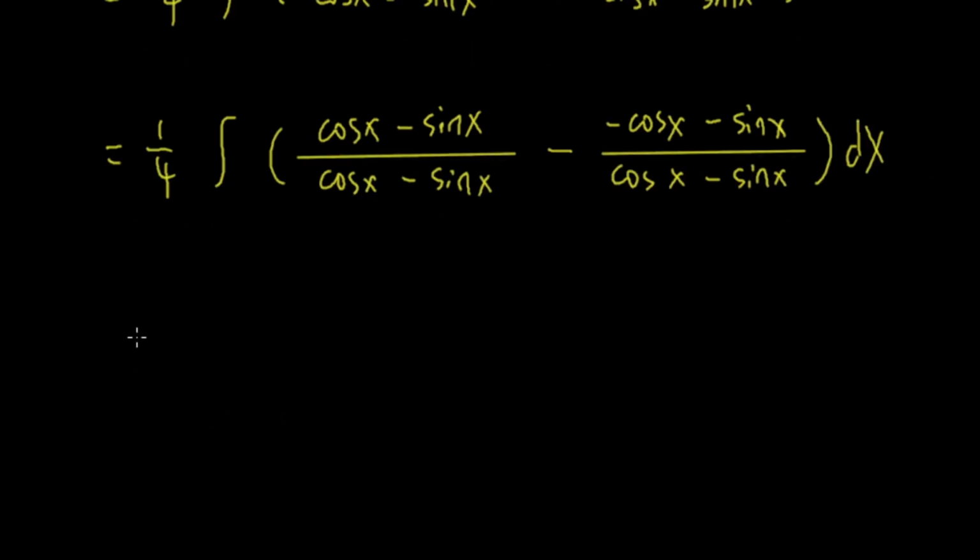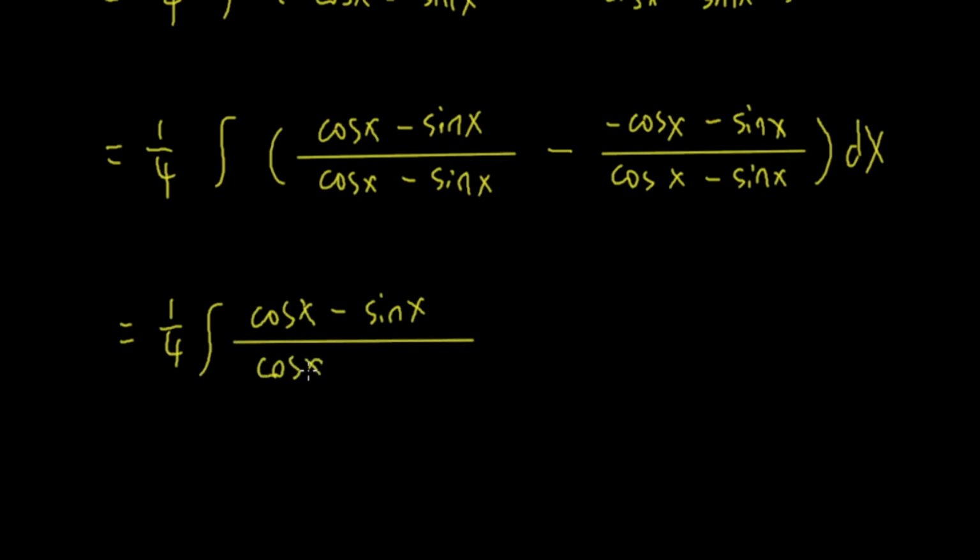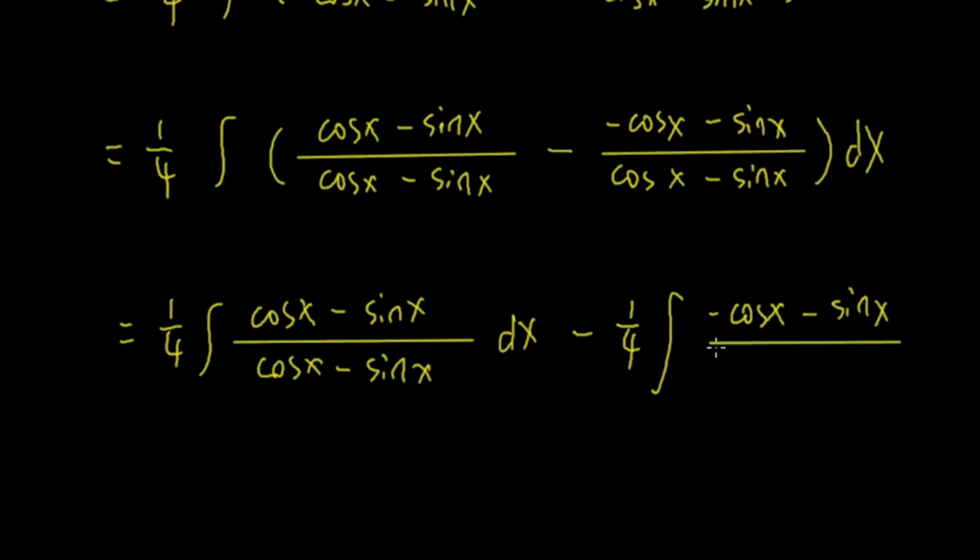Okay, now let me rewrite this. That's equal to 1 over 4 integral of cosine x minus sine x all over cosine x minus sine x dx. Now minus 1 over 4 integral of negative cosine x minus sine x all divided by cosine x minus sine x dx.